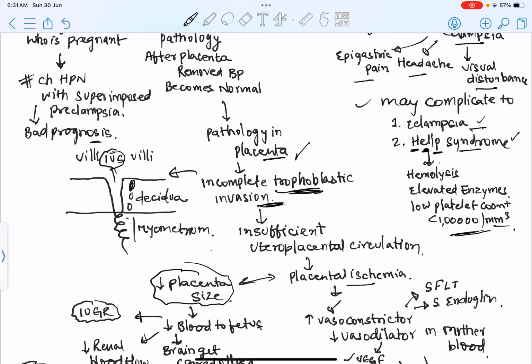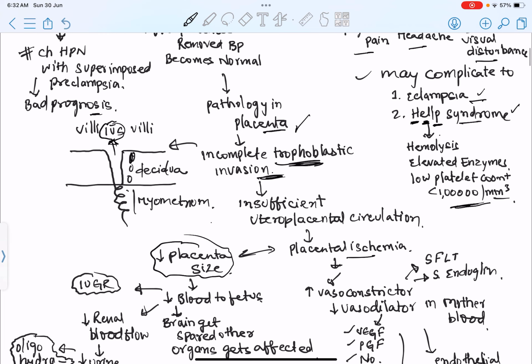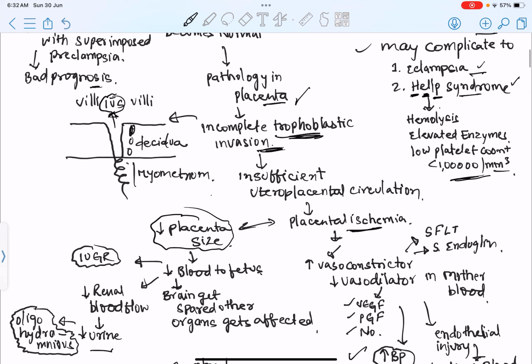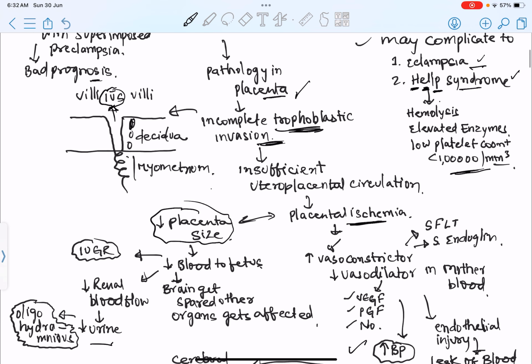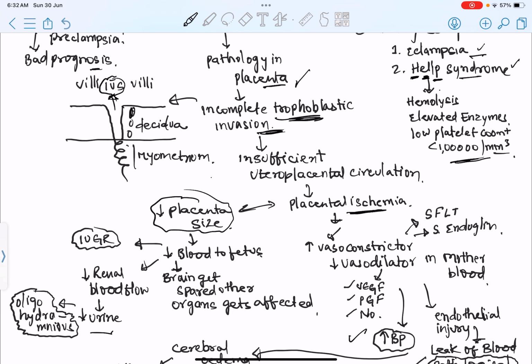So because of this, there will be less blood in the intervillous space and less supply to the fetus.